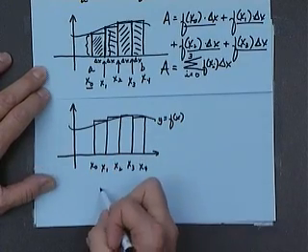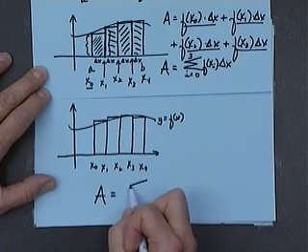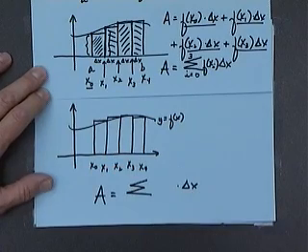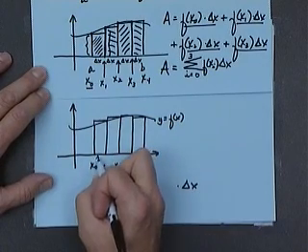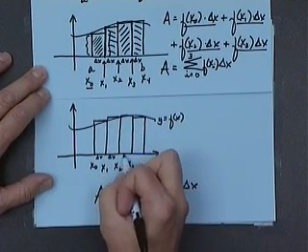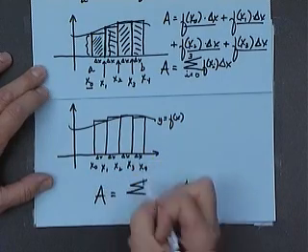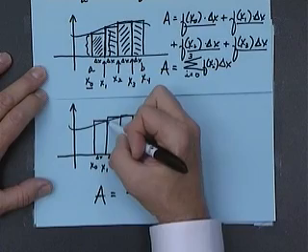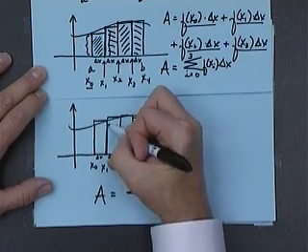So how will that look? They're all delta x wide. Start at 1. Now the height of the first rectangle is f of x1.